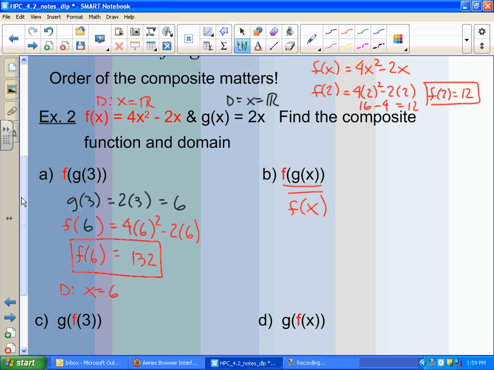So it's going to become 2 times something. Oh no, not 2. Is it 4? It's a 4. 4 times something squared minus 2 times something. Well, it's the g of x that goes in here and here. And we know that that's 2x.